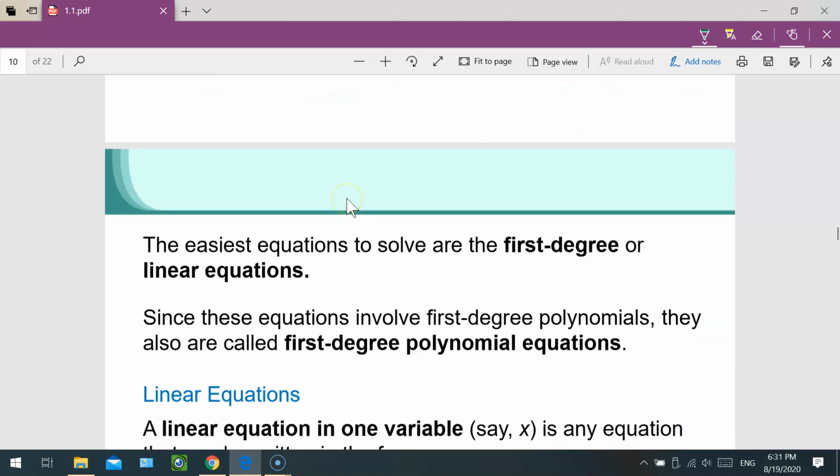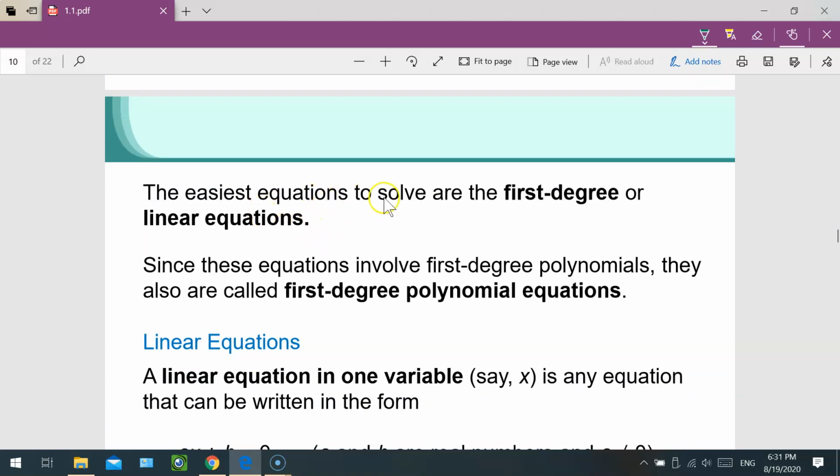Now we look at the next one. The easiest equation to solve, we call the first degree or the linear equation. First degree means the power is 1. So x to the power 1 plus 2 equals 3. Normally with the power 1, we don't write it, so it turns into x plus 2 equals 3.